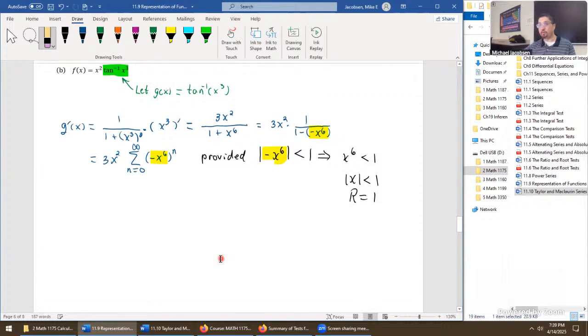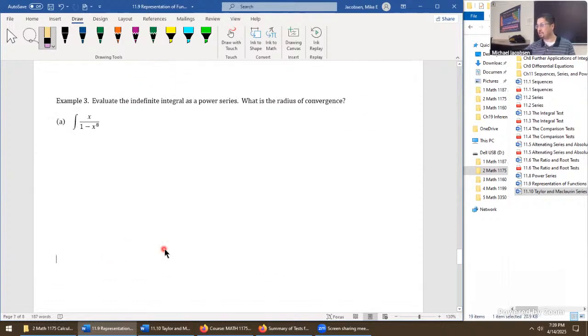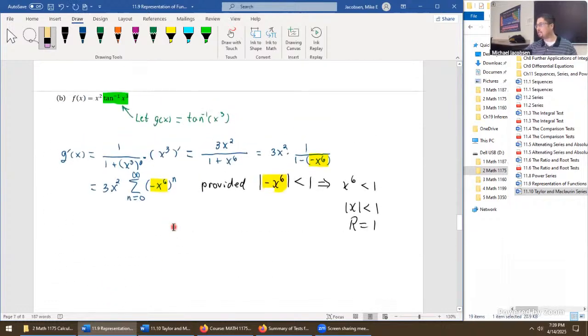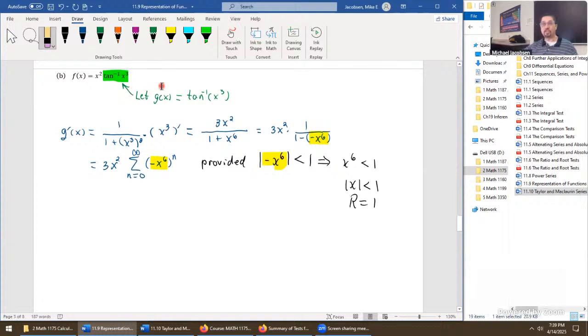Let's move it out of the way. Now we have to get back to what g of x is. So relate the derivative to the original function, and then relate the original function back to f of x. Once we do all that, our work is 100% complete.